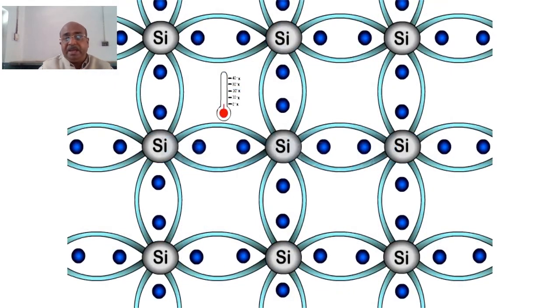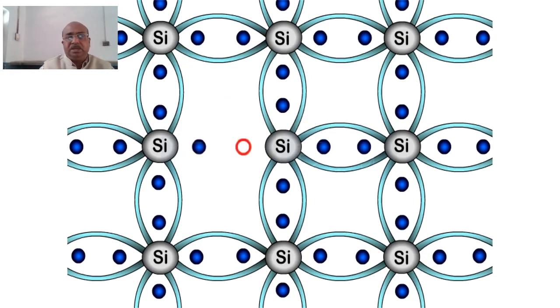But if we heat it or give some temperature, then what happens? By getting some temperature, one electron gets sufficient energy and it gets out of that bond. The bond is broken and that electron comes out. Similarly, a vacant space is created, which is called a hole.